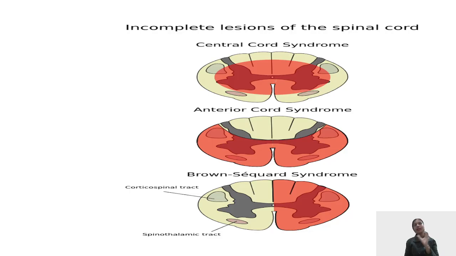Both sensory and motor deficit can be seen. Whereas in Brown-Séquard syndrome, only half of the spinal cord goes, because of which there is ipsilateral loss of motor, whereas for pain and temperature we have contralateral loss because those tracts cross.